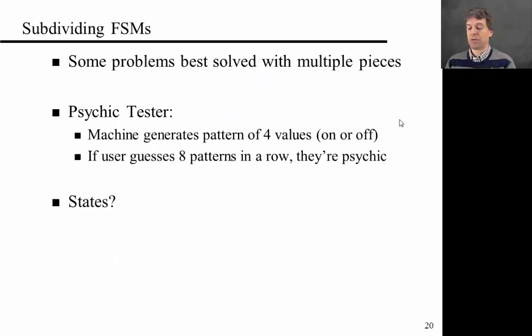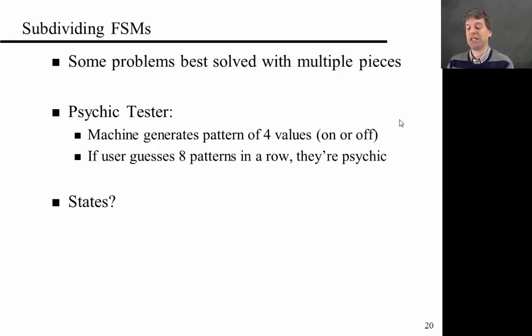Good, so I want to make one more point here, which is about how to design state machines that are potentially large or complicated. The basic idea is that you're going to break the state machine down into smaller pieces that are more tractable. So here's an example: a psychic tester.